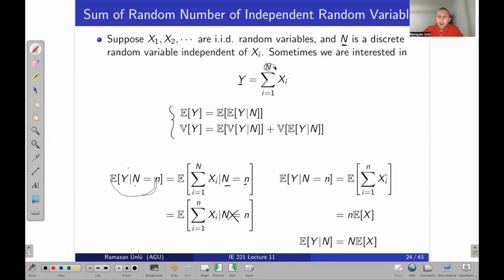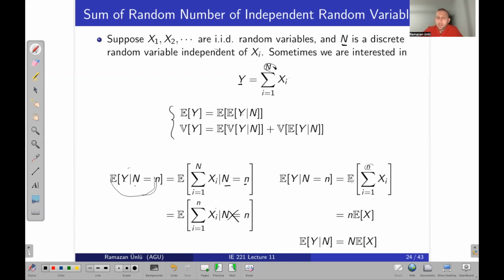They are independent and identical, so I know that the expected value of X1 is the expected value of X, and the expected value of X2 is the expected value of X. How many random variables do I have here?